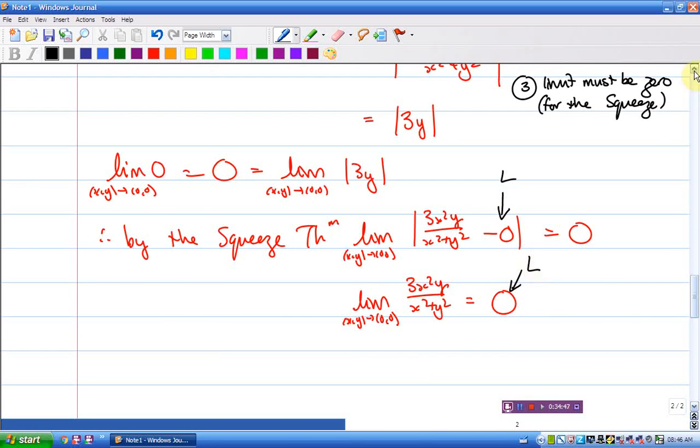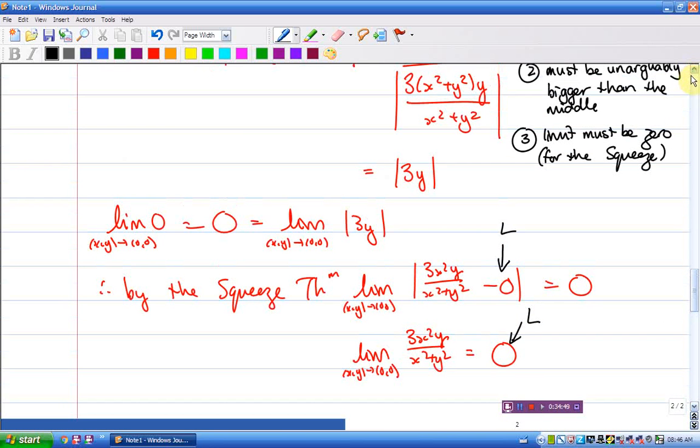Question: Is it important to have the minus 0 flooding the whole way through? No, you don't. It's just minus 0, so you can drop the minus 0 if you want. But I've got it there because it gets confusing, because there are two important zeros in this problem. There's the 0 that you're trying to demonstrate that the distance tends to 0.